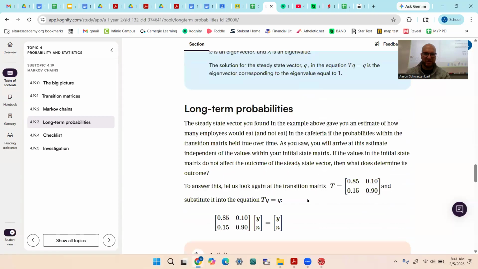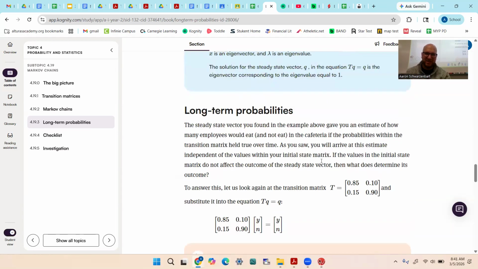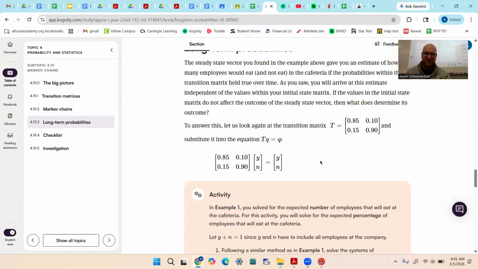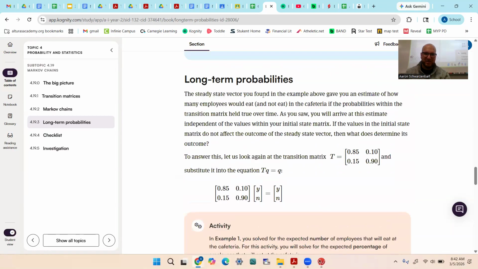So I think we have one more example. Long-term probabilities are again essentially a steady state vector. Okay. So the steady state vector you found in the example above gave you an estimate of how many employees would eat at the cafeteria if the probabilities within the transition matrix held true over time.